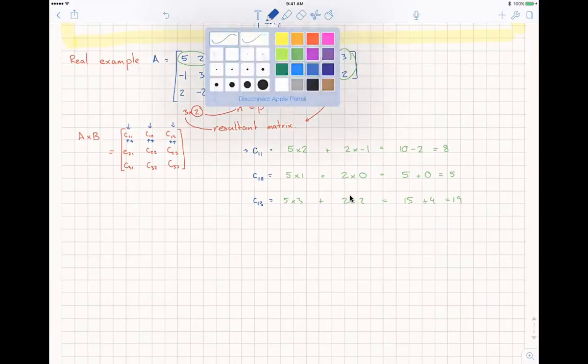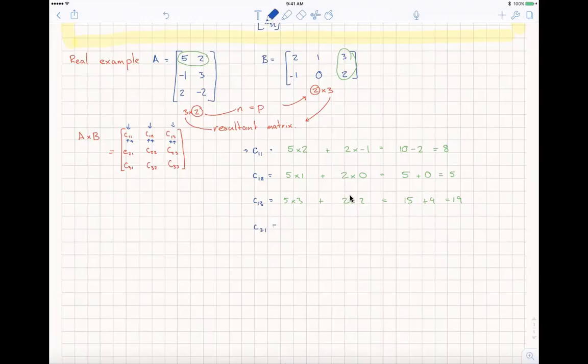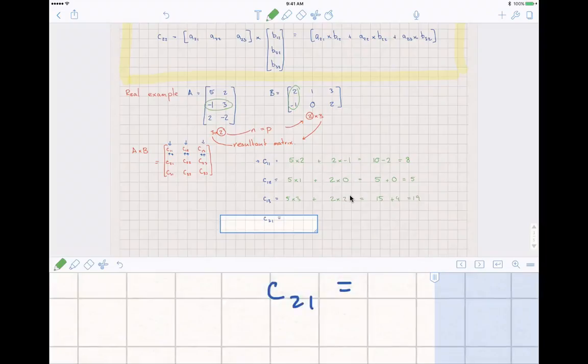Next one, we're going to C21. So we're moving down now. We're now multiplying row 2 by column 1.